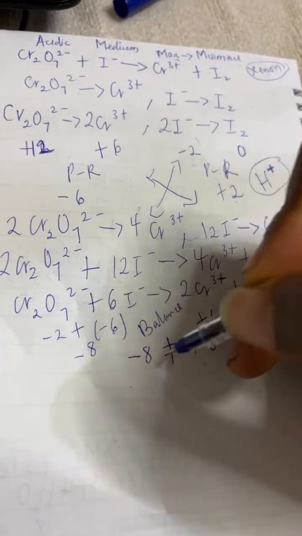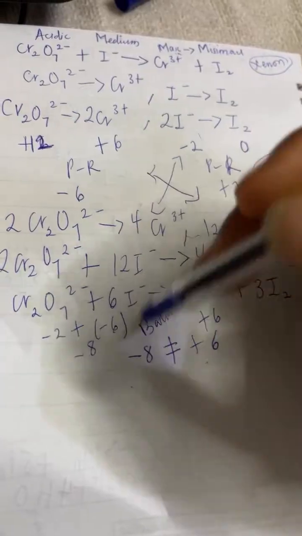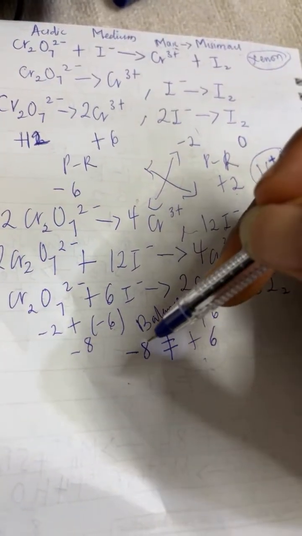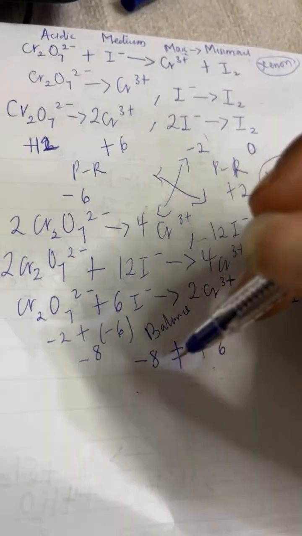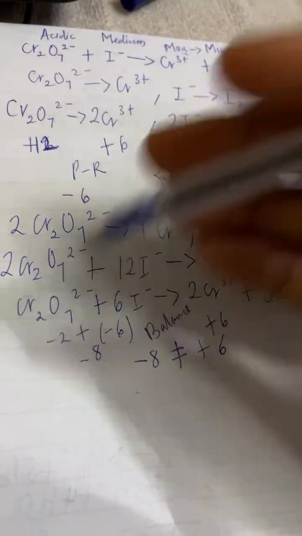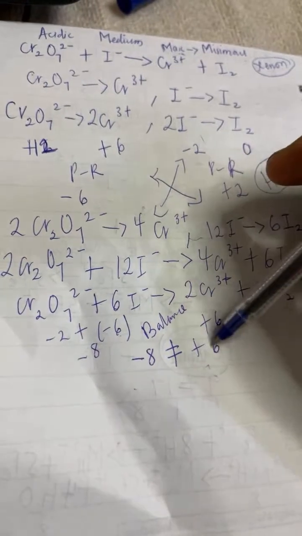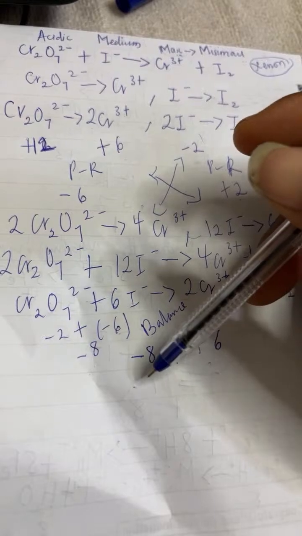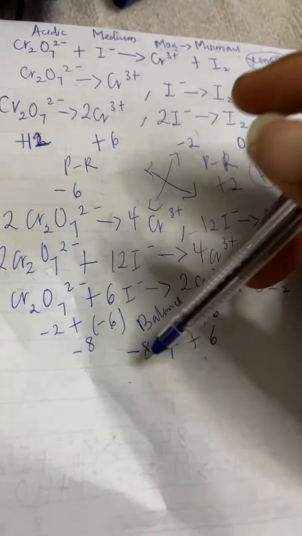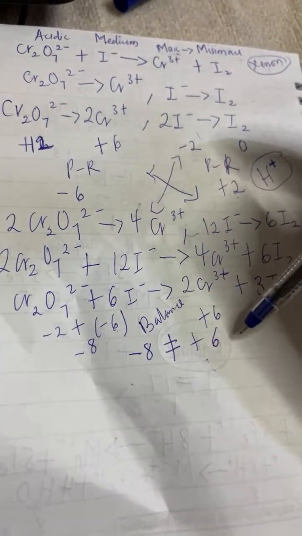In acidic medium, we need to support the smaller one by increasing its charge so that it can balance with the other side. We need to carry this minus 8 to 6.